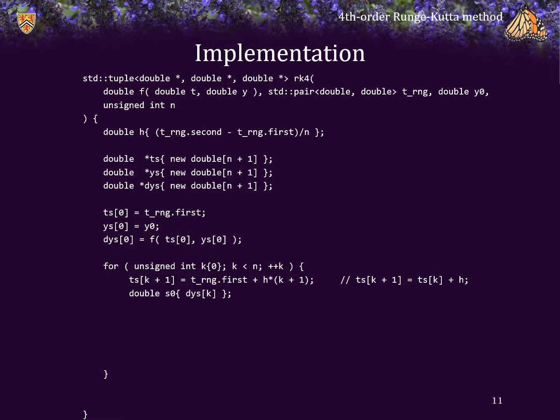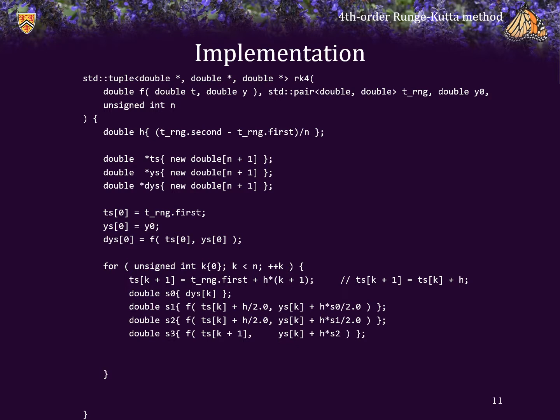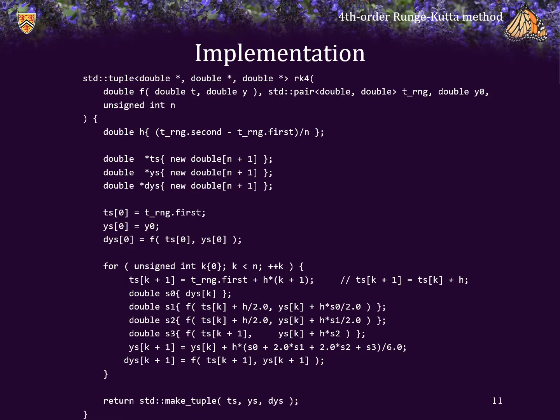And now we will calculate S0, S1, S2, and S3. And our next approximation is the appropriate linear combination of those values, or weighted average. And we will then calculate the slope at that point. Again, once we're finished, we will just return a tuple with these 3 arrays contained within them.